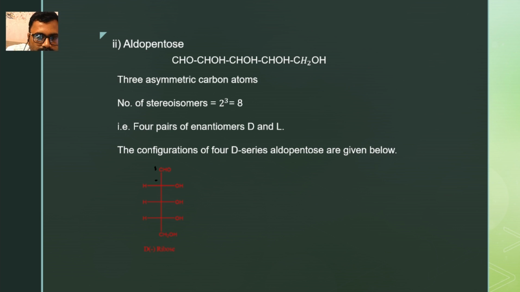So it is 1, 2, 3, 4, 5. Okay. So carbon number 2, carbon number 3 and carbon number 4, these 3 carbon atoms are asymmetric carbon atoms and have OH groups, and all these OH groups are present on the right hand side. Then this stereoisomer is called ribose.